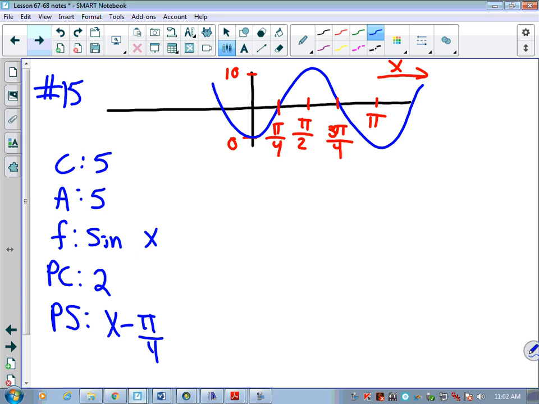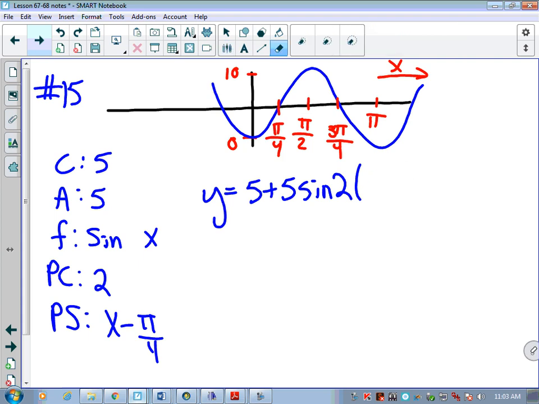Putting this all together, we get y equals 5 plus 5 sine, 2, there's my period change, then the phase shift, x minus pi over 4. Take it one piece at a time.